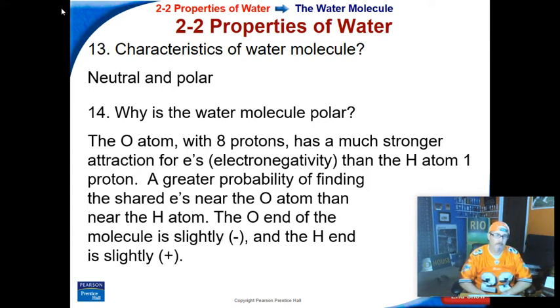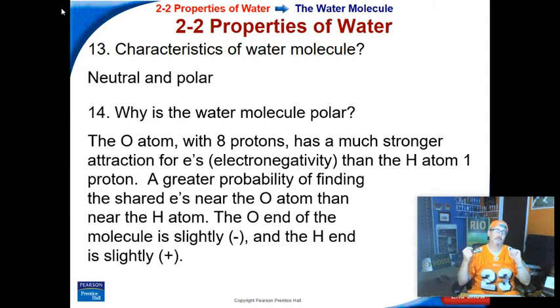The oxygen atom, that's O, has 8 protons, and has a much stronger attraction for the electrons, because remember, protons are positive, electrons are negative, so they are attracted to one another. Because it has a larger attraction to the electrons, it is referred to as electronegativity. So the oxygen atom is more electronegative than the hydrogen atom, because the hydrogen atom only has 1 proton.